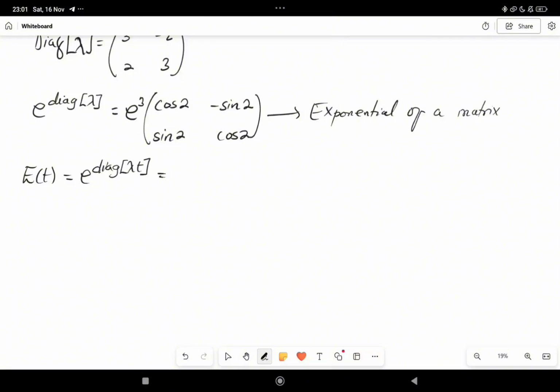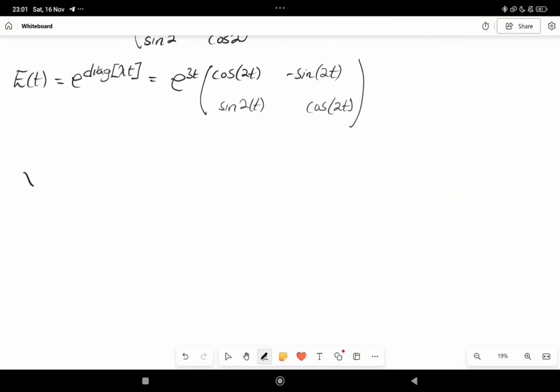So now we can add it. We have e to the power 3t multiplied by the cos of 2t, minus the sine of 2t, the sine of 2t, and the cos of 2t.